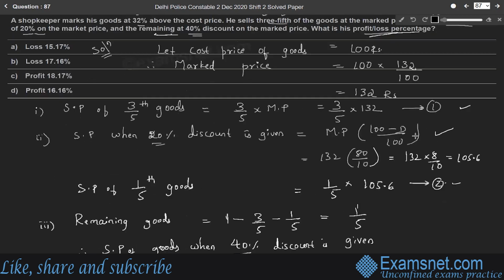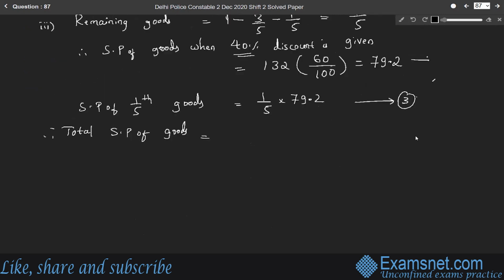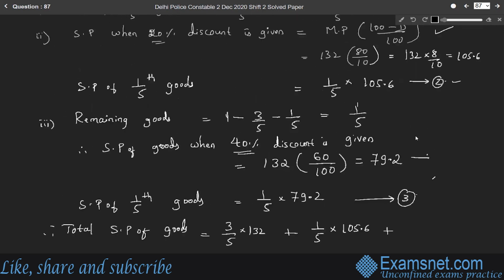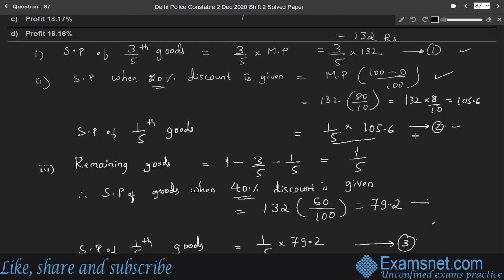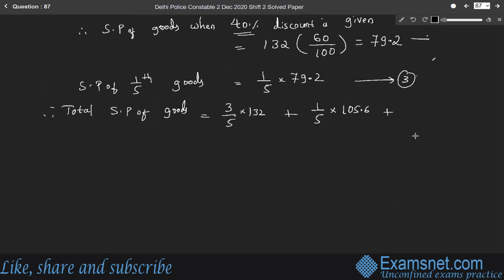From equation 1, selling price is 3 by 5 into 132, plus from equation 2, 1 by 5 into 105.6, plus from equation 3, 1 by 5 into 79.2.